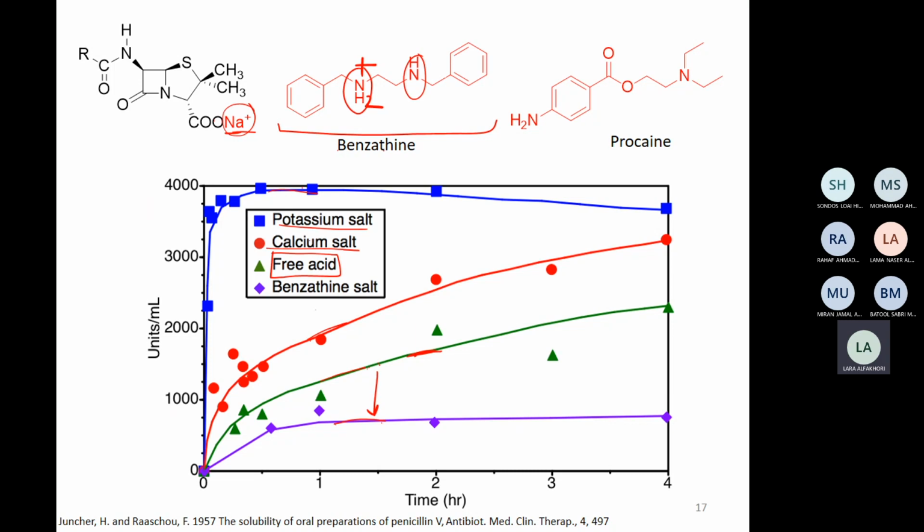طيب البروكين, where is the atom that is basic that will interact with the carboxylic acid? Yes, this tertiary amine in here. This nitrogen for sure is not basic because the lone pair is withdrawn by resonance. All right?